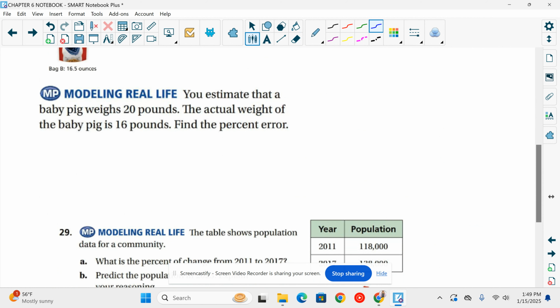Modeling real life. So here it says you estimate that a baby pig weighs 20 pounds. The actual weight of the baby pig is 16 pounds. Find the percent error. I see the word percent, so my brain should go ding, ding, ding. I need to make a percent box.